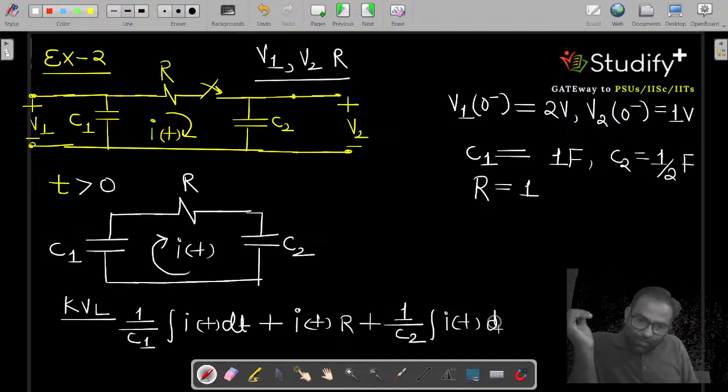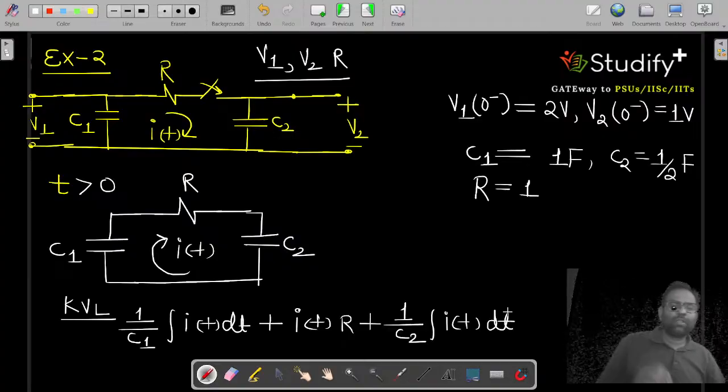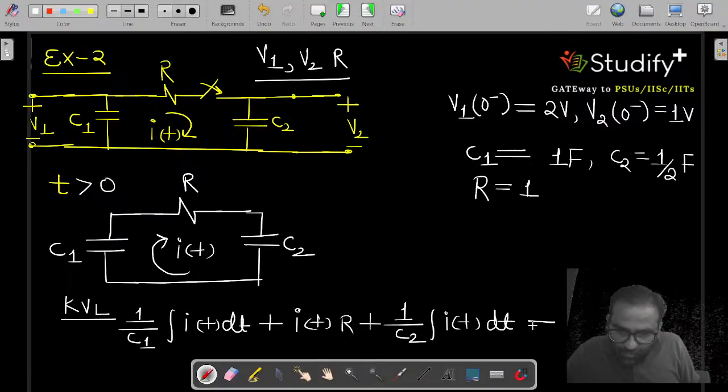All these three components are connected in series. If all components are connected in series, the current will be the same in all components.